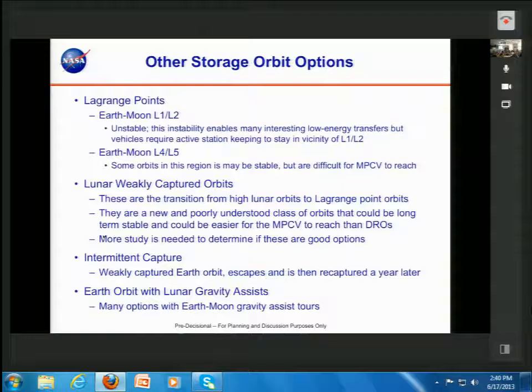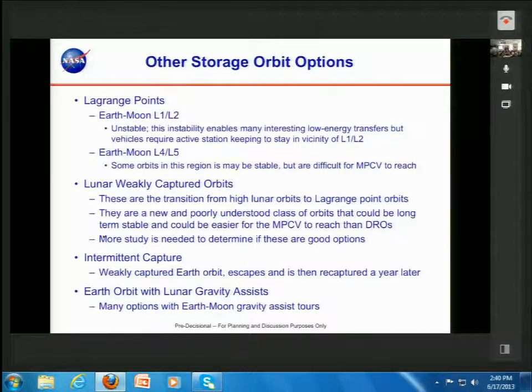So if you lose control of your spacecraft, it's going to drift around the Earth-Moon system. It's not going to hit the Earth, but it's going to be drifting around, and over a period of tens of years, it'll do a lunar flyby that will change its orbit, and it could eventually hit the Earth or escape the system.